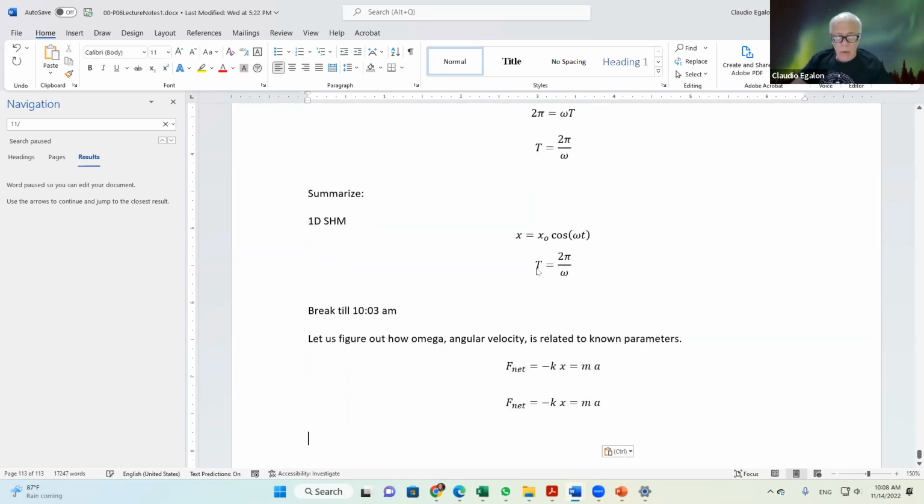So we do know that x is x naught cosine omega t. And what else? We also know from uniform circular motion that this A here is going to be in terms of cosine of omega t as well, right?